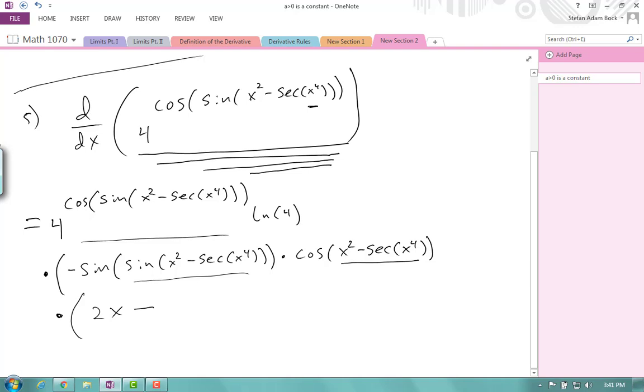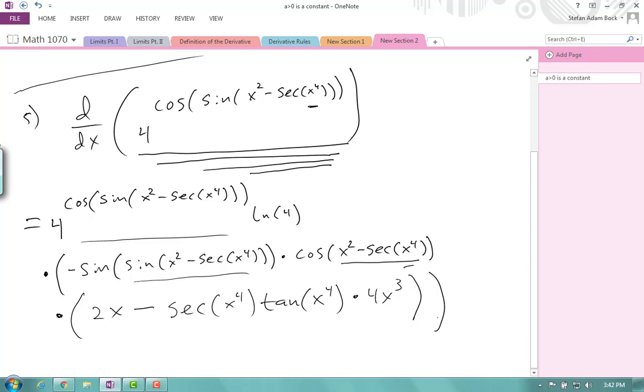The derivative of secant is secant times tangent. So I'll have secant, keep the inside, x to the 4th, times tangent, keep the inside, and to this I multiply by the derivative of the inside, which is 4x cubed. Now I can close that parenthesis, and I can close this parenthesis I started up there.